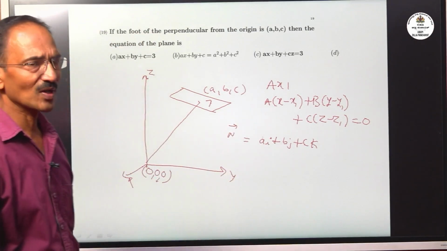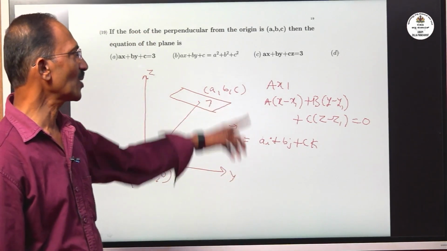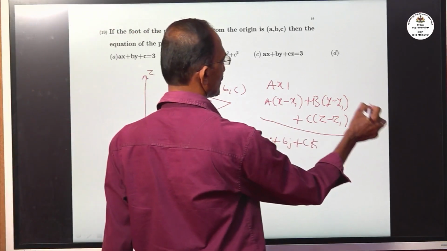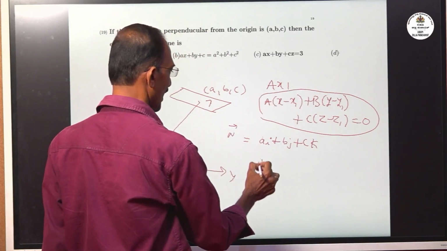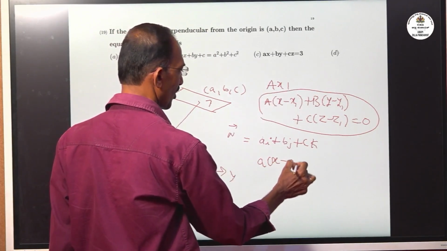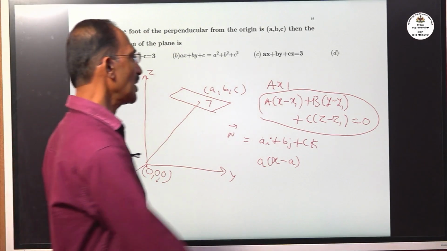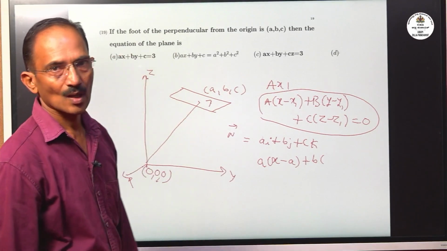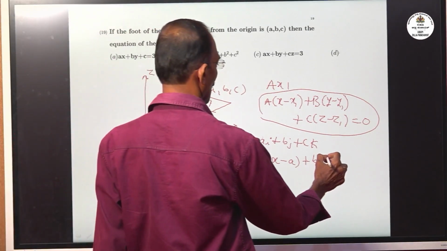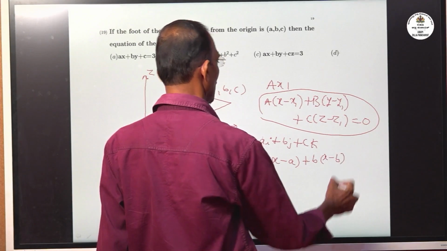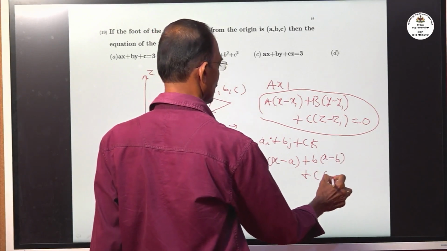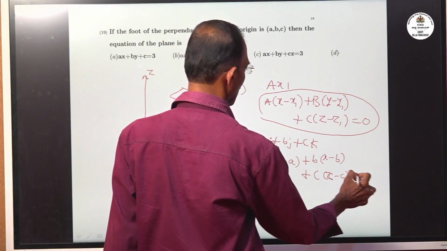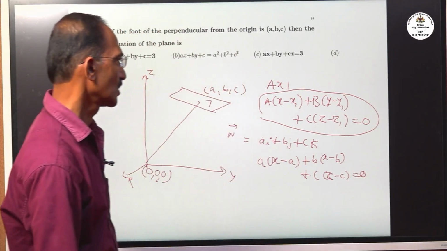So what is the equation of the plane which passes through (a, b, c) and has normal vector (a, b, c)? Using this equation, you replace the point by (a, b, c): a into (x minus a) plus b into (y minus b) plus c into (z minus c) equals 0.